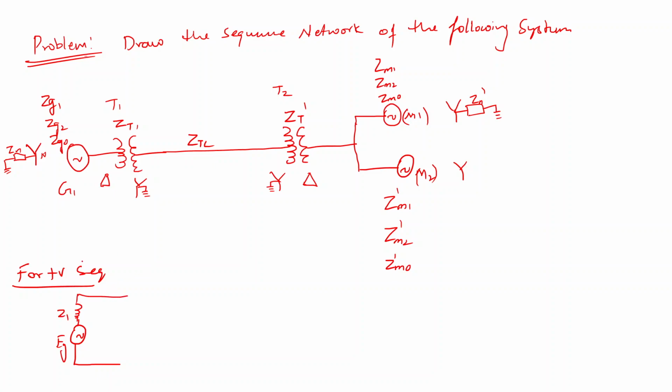We know that for a rotating element we can draw the positive sequence with the impedance connected in series with the EMF. Like that we connect as per the rules for the sequence diagram, which I have taken for positive sequence like this. It is star connected, with the neutral connected to the ground.